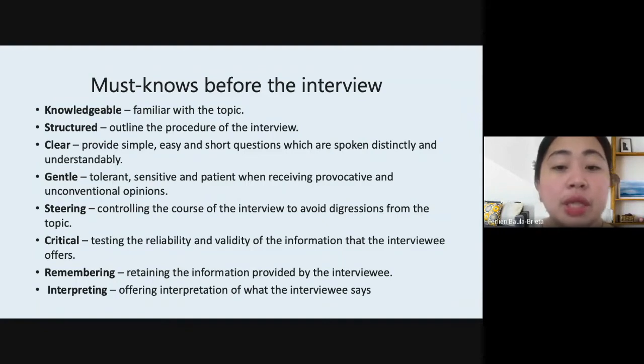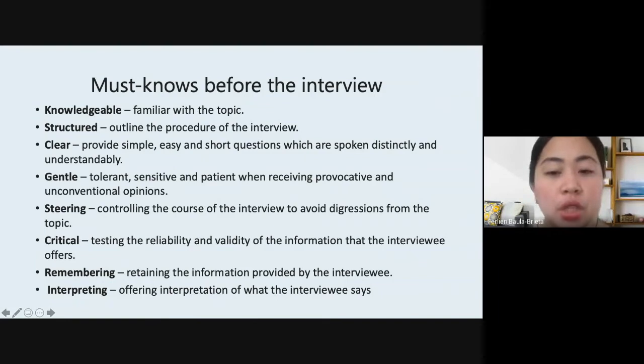Remembering, retaining the information provided by the interviewee. So we have tools that can be helpful in remembering these things, by audio recording or visual recording. But this time, since we will do interviews using Google Meet, you can use the record button.